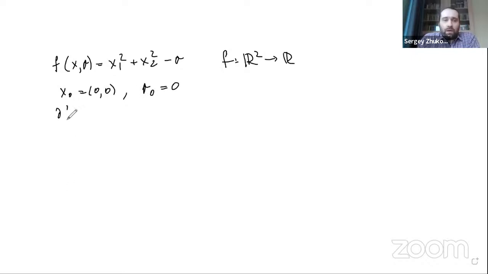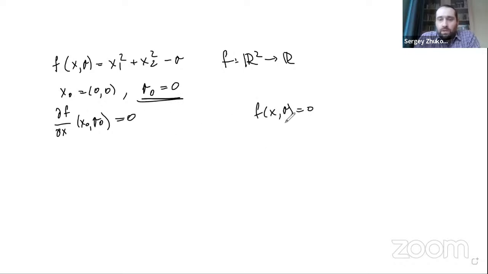Obviously, the derivative of f at the point x0, sigma 0 vanishes. So the assumptions of the implicit function theorem fail to hold. And it can be easily seen that there is no implicit function defined in the neighborhood of sigma 0, since this equation has no solutions when sigma is negative.